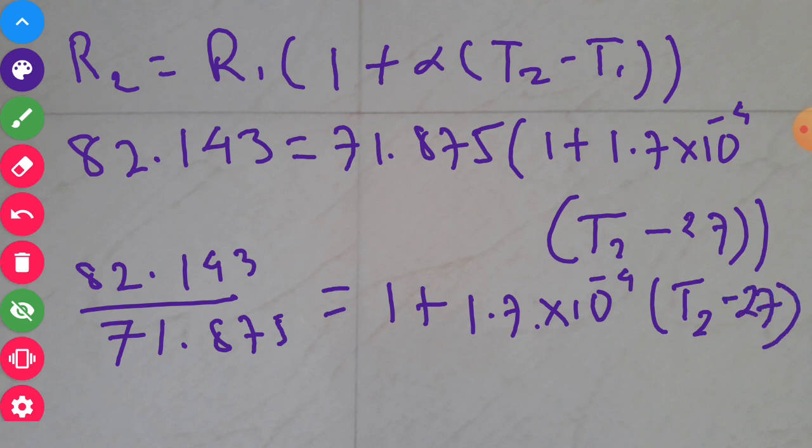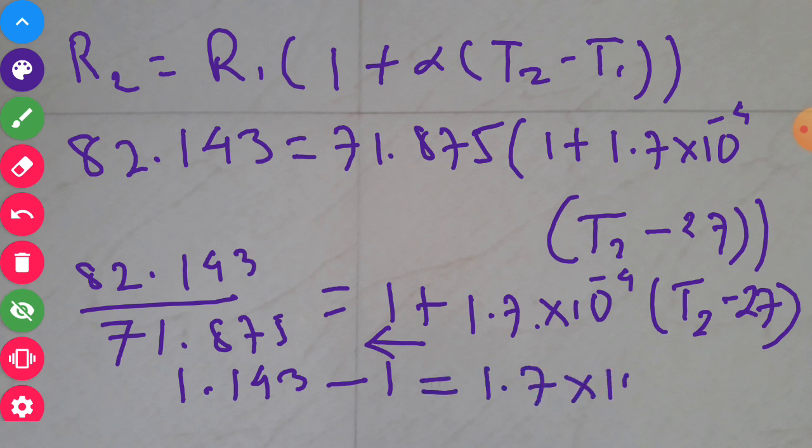So this value is roundabout 1.143. This 1 goes on the other side, so it becomes minus 1, is equal to 1.7 into 10 raised to minus 4 into T2 minus 27.